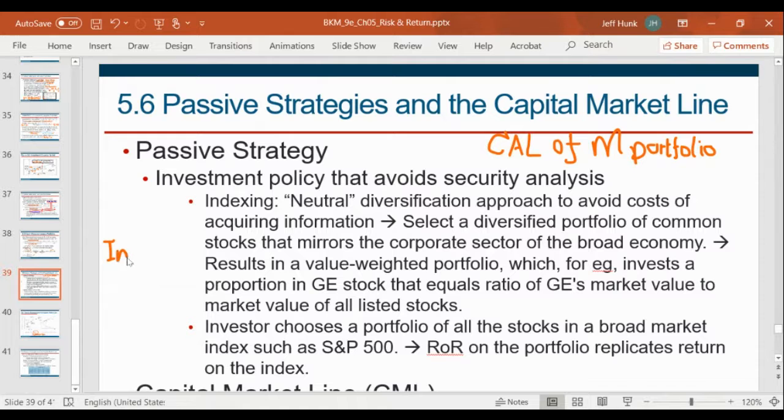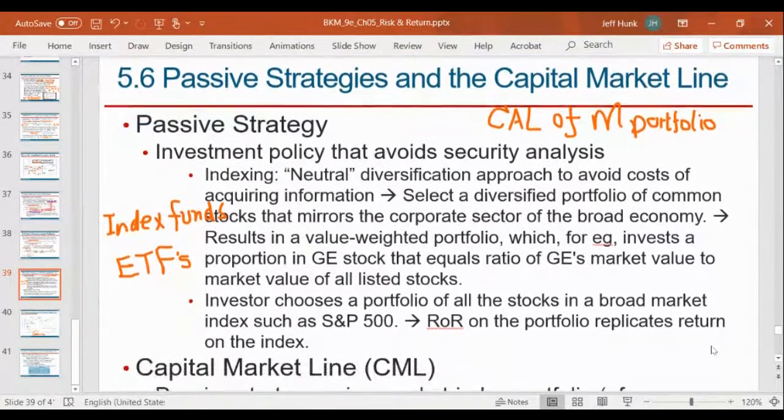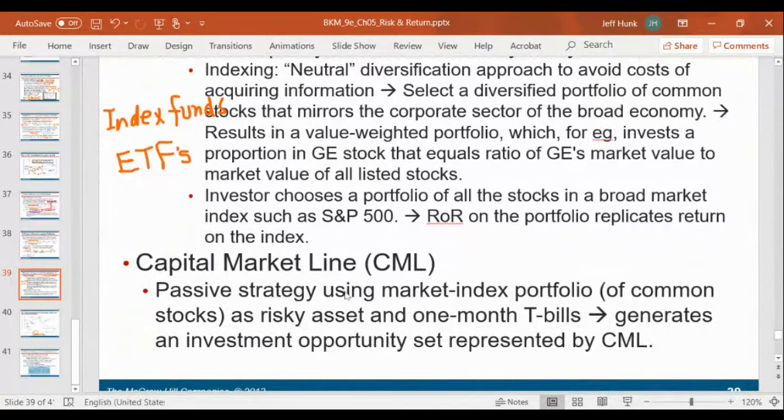There are two things you can do. ETFs, right?